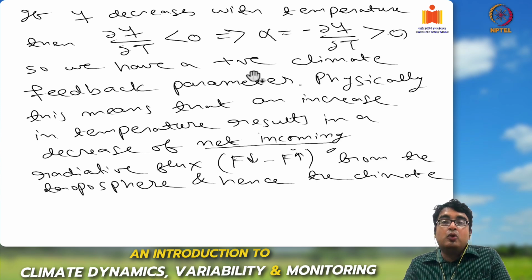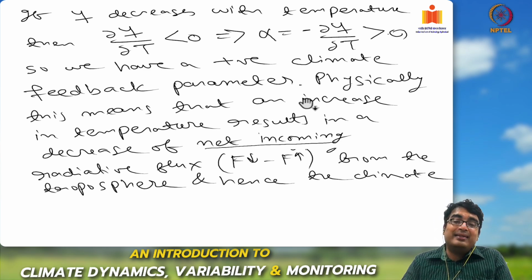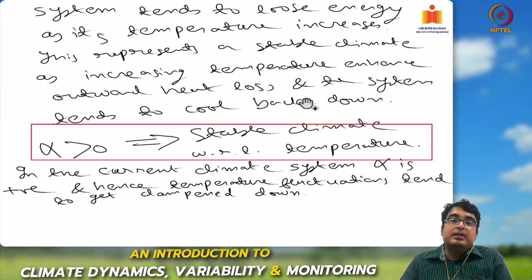So, we have a positive climate feedback parameter. Physically, this means that an increase in the temperature results in a decrease of net incoming radiative flux from the troposphere, and hence the climate system tends to lose energy as its temperature increases.